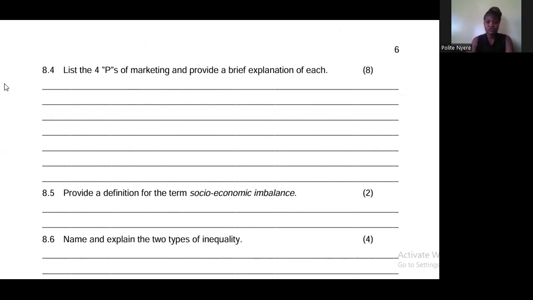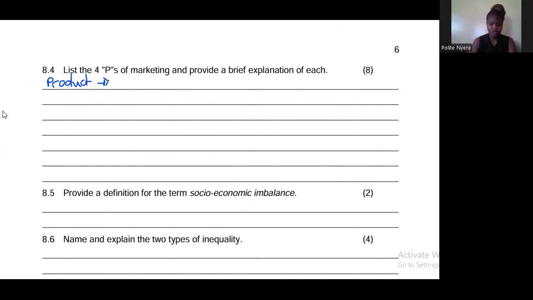List the 4 P's of marketing and provide a brief explanation. So I guess we all know what the 4 P's are. Number 1 being the product. So what is a product?